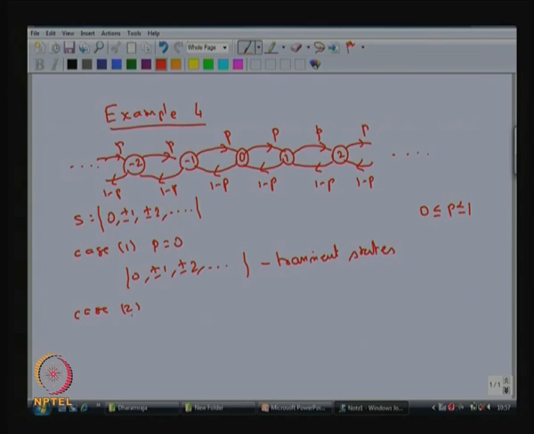Suppose we discuss case 2 with p equal to 1, what happens? If p equal to 1, then you have all the forward arcs, not the backward arcs. That means whenever the system starts from any state, it will go forward to all the states in subsequent steps with probability 1. In the longer run, the system will be on the positive infinite side.